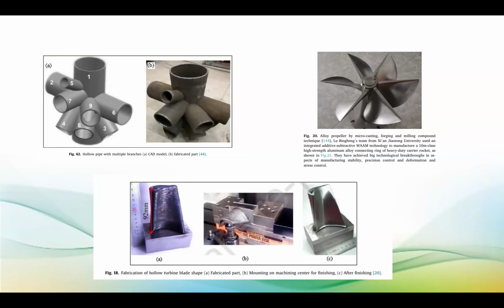Some metal additive manufacturing techniques are there. It can be manufactured using those techniques also. But compared to those techniques, this WAM process has a high deposition rate. So the ease of fabrication will be more in the case of the WAM process.